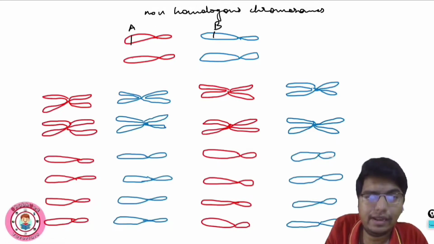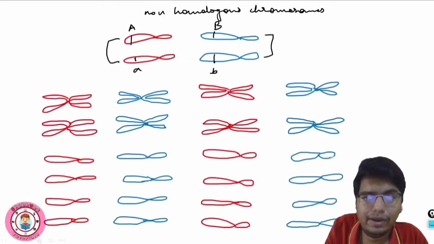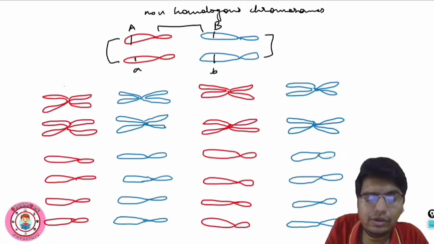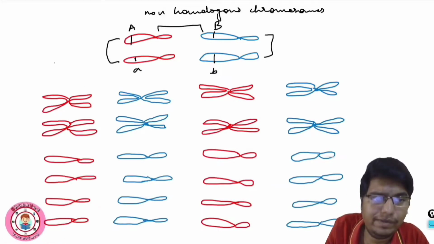Okay, and here are the alleles, right? So these two are the homologs of each other and these are homologs, but these two are non-homologous. Okay, so the genotype is AA and BB.